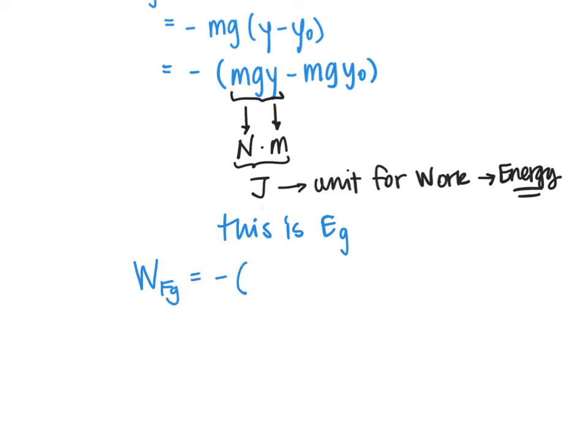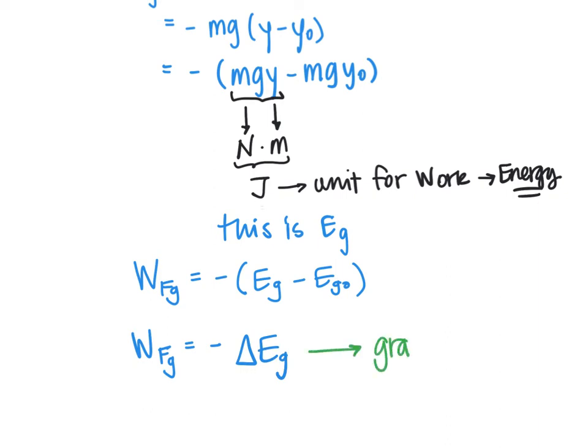So that means the work done by the gravitational force would be negative Eg minus Eg naught, which is the work done by the gravitational force, negative delta, for change, Eg. And that is our gravitational energy.